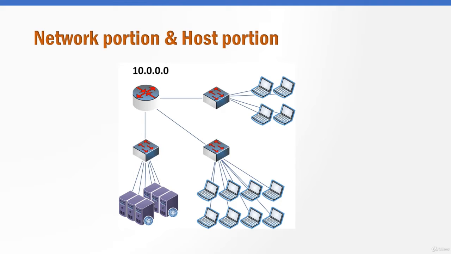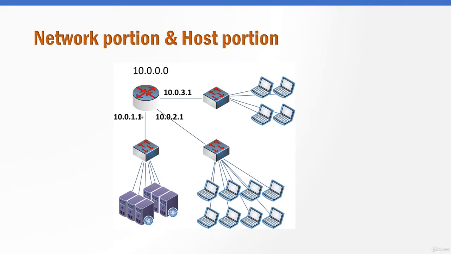Each of these 3 networks is connected to an interface on this router. This interface is going to be the default gateway for all of the devices that are inside this network. This interface is going to be the gateway for these devices, and this interface is going to be the gateway for all of the servers that are in this network. Each of these interfaces is going to have an IP address. Let's look at those addresses.